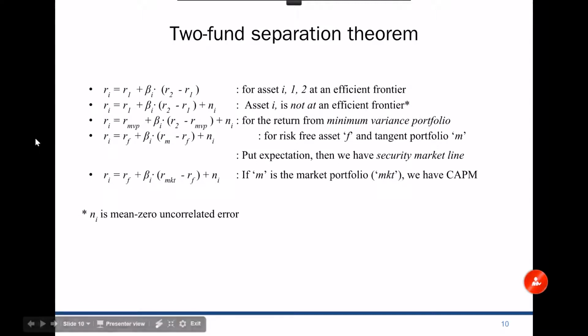The linear relationship between beta and expected return should hold tautologically. By the construction of the mean variance portfolio, the expected return is always an increasing function of beta. So if you find a linear relationship between beta and expected return using data, it doesn't say anything. It automatically comes from mathematics.